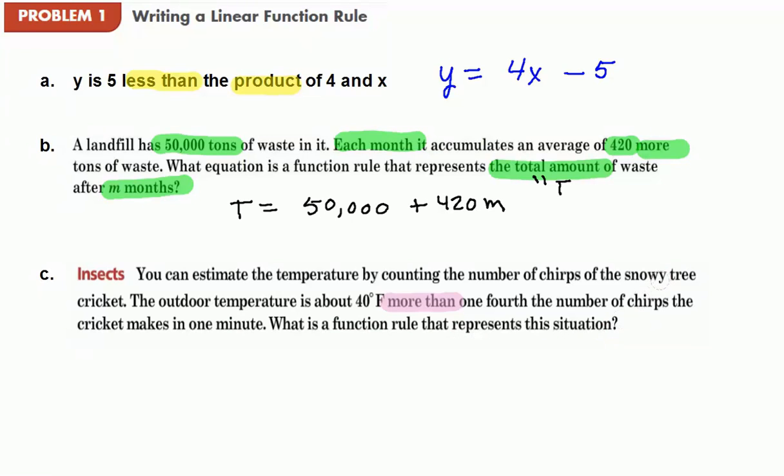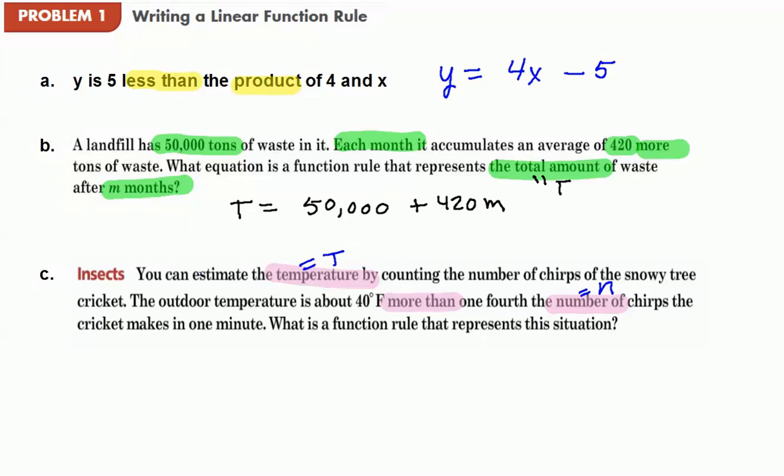Okay, so first thing is it's based on temperature. So we're going to use T for temperature. Okay, and the outside temperature is about 40 degrees more than 1/4 the number of chirps. So again, if we go back to key things here, the number, let's call that n.